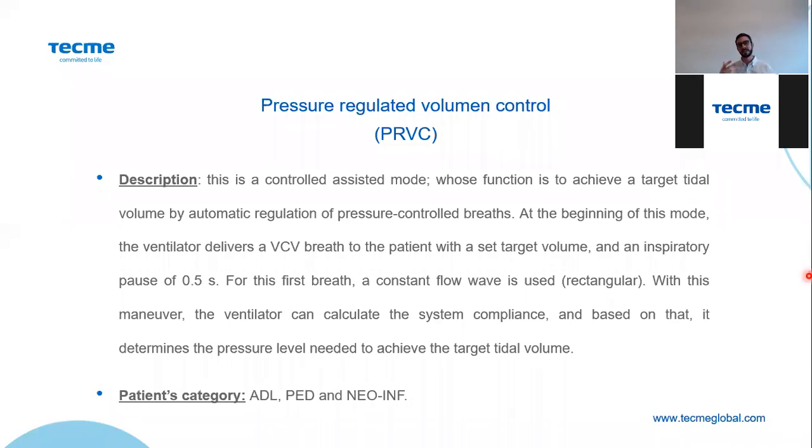Then this pressure will start to be modified automatically in order to achieve the preset tidal volume. This is the general idea of this ventilatory mode. This ventilatory mode is available in adult, pediatric, and neonate patient category.